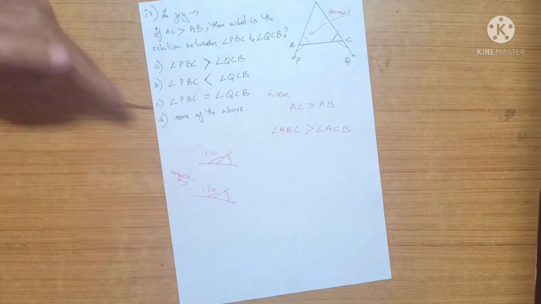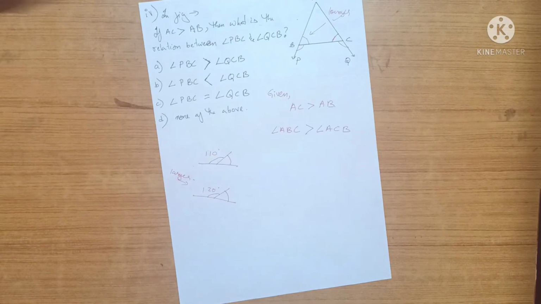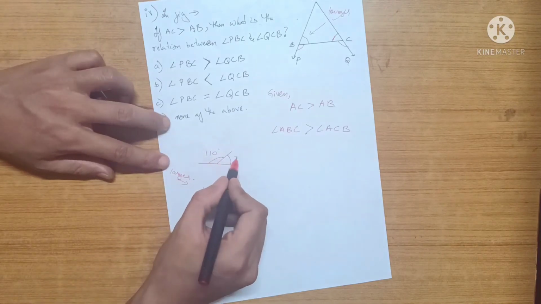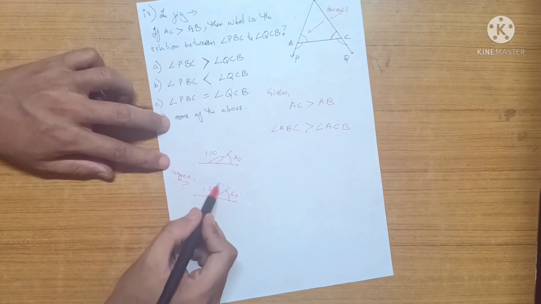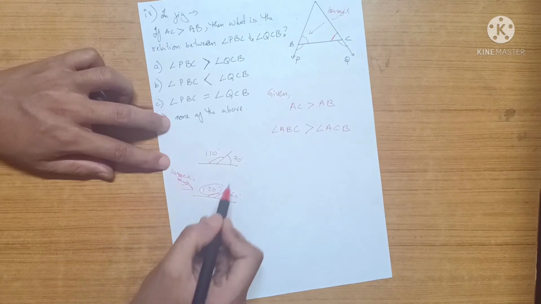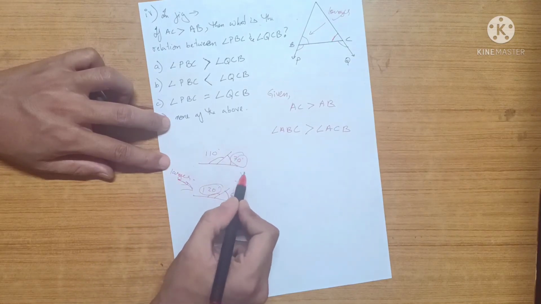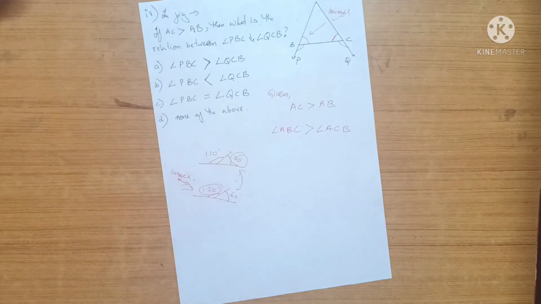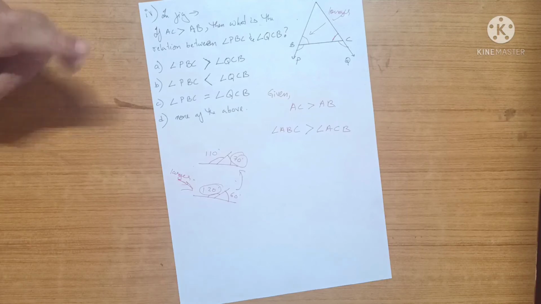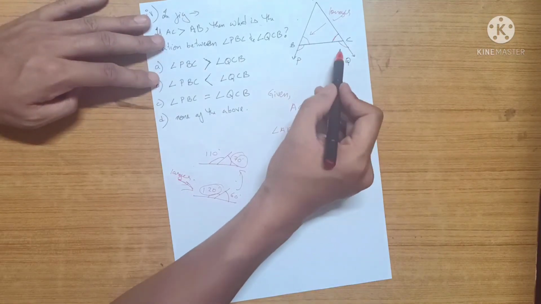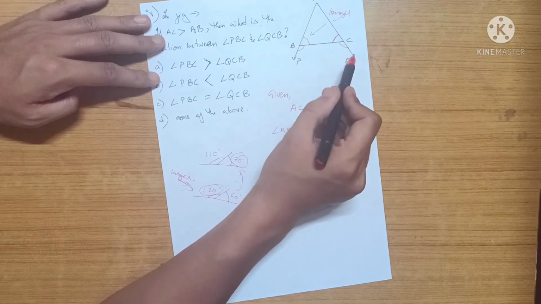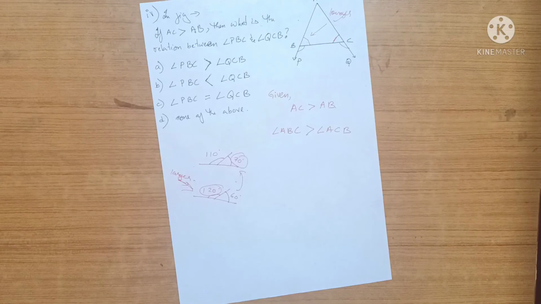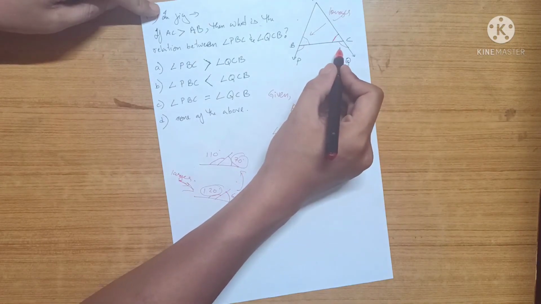In a straight line, the total is always going to be 180 degrees. So if this is 110, this should be 70. If this is 120, this should be 60. So if this angle is larger, then automatically the other angle becomes smaller. Got it or not? So this is larger automatically.